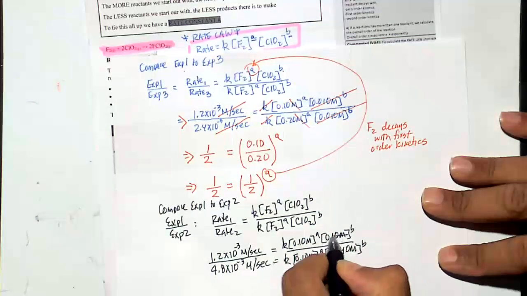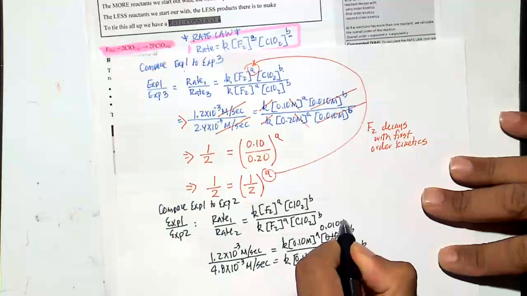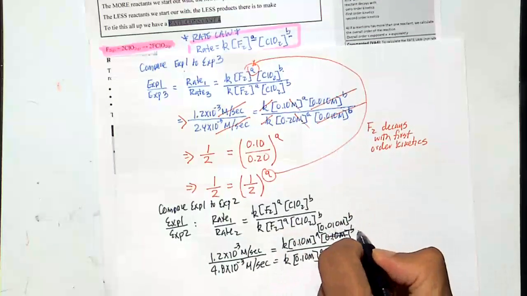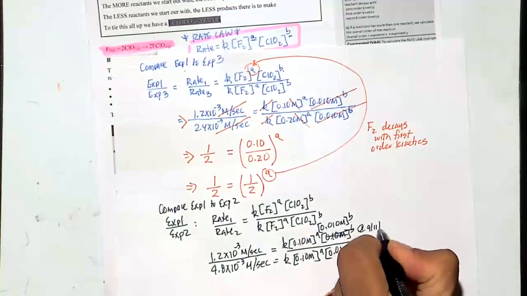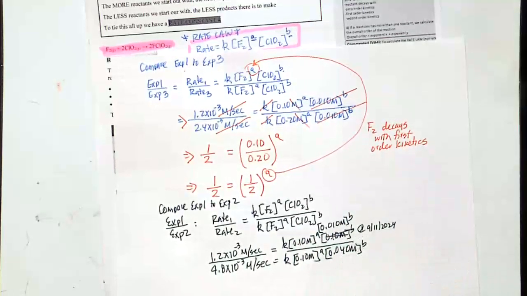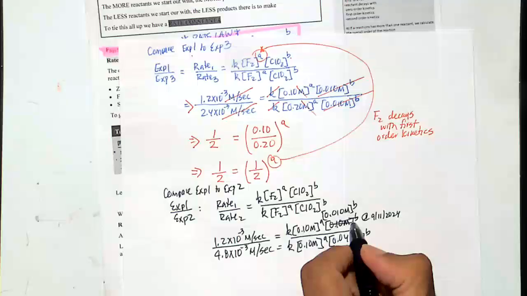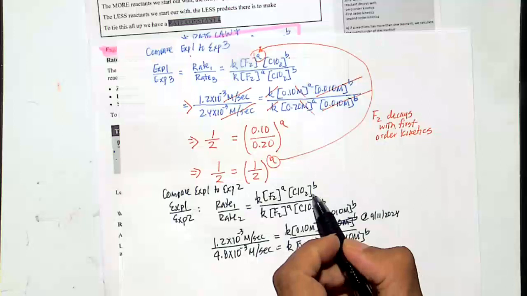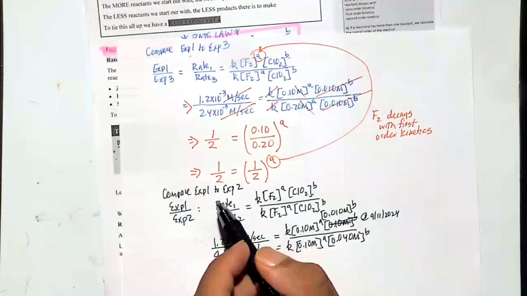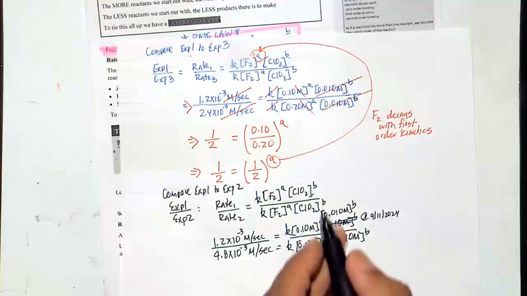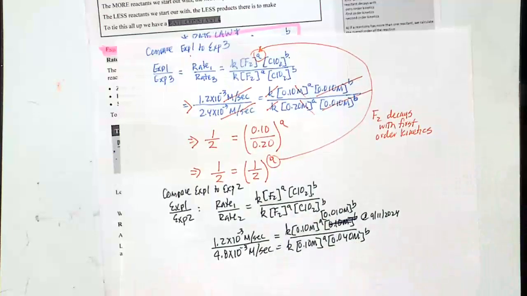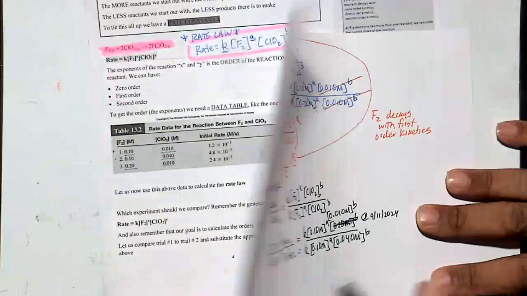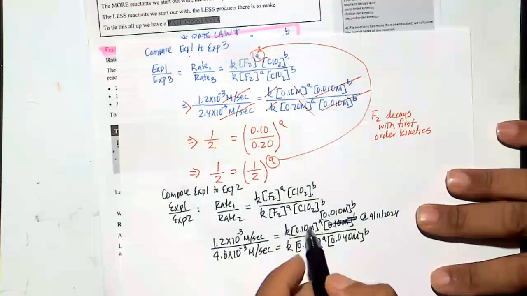This is 0.010. Okay, 0.010 for ClO2 in experiment 1. Make sure you copy the right concentration from the table.